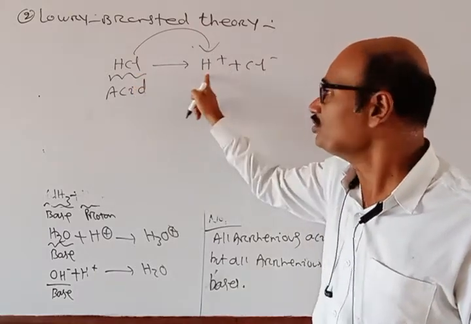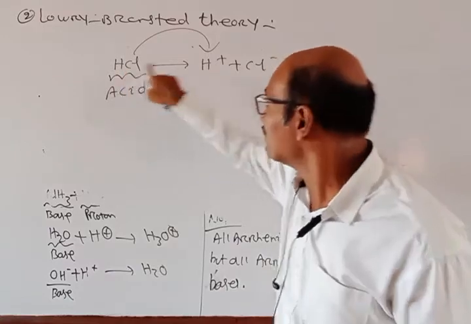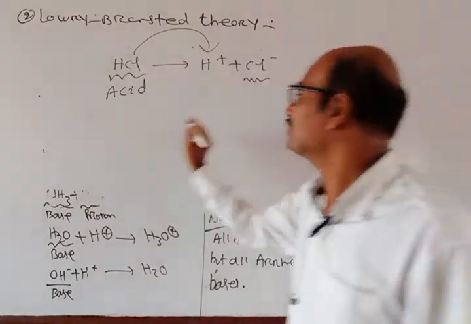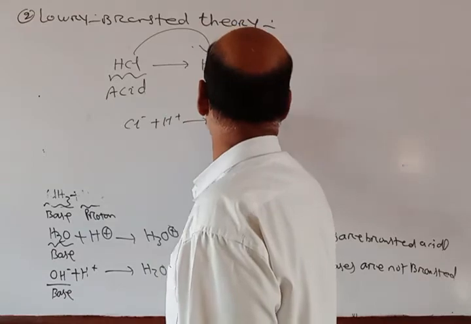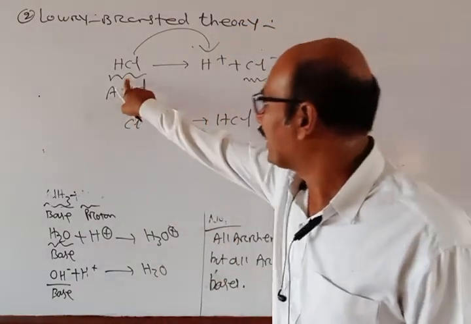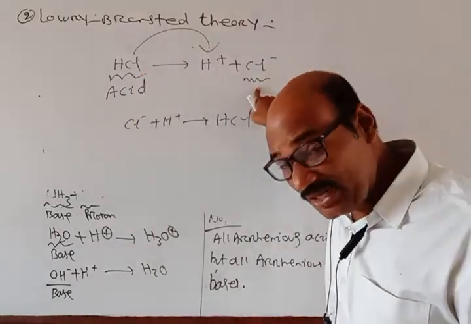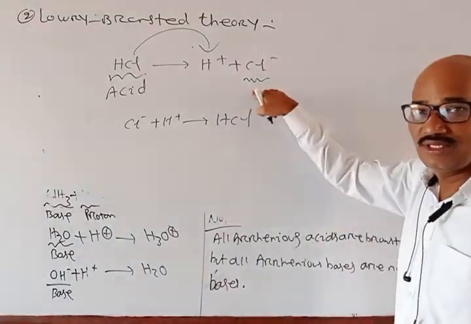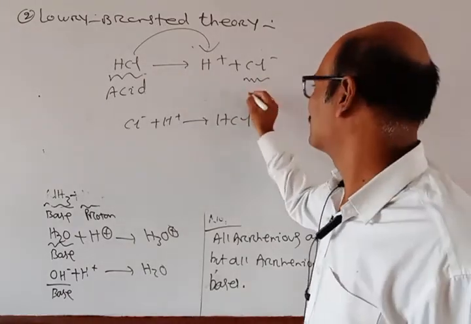HCl can donate a proton, so it's an acid. Now, when this HCl gives the proton, the residual part is Cl minus. Now, this Cl minus plus H plus can give HCl. That means after giving the proton, the residual part has a tendency again to accept the proton. So the residual part will be considered as a base.